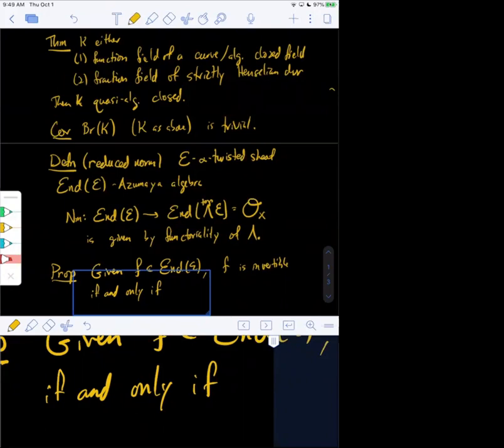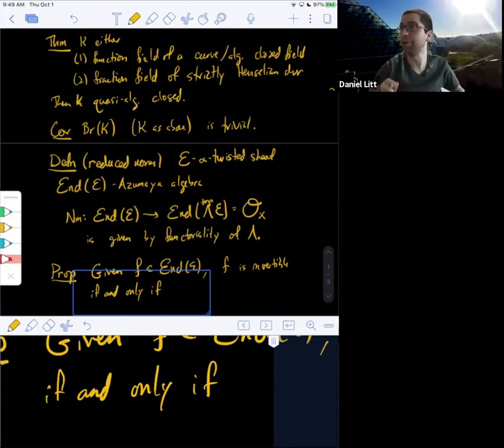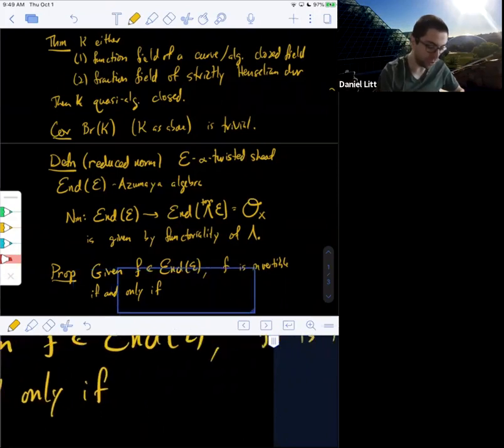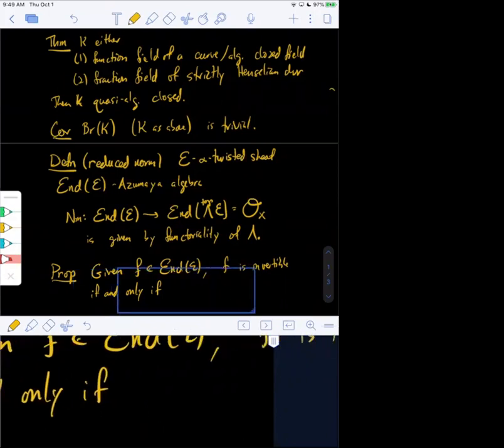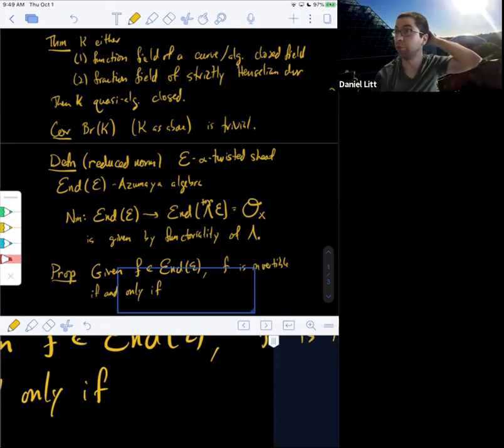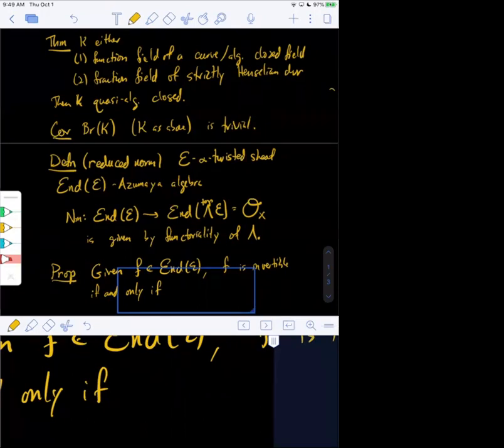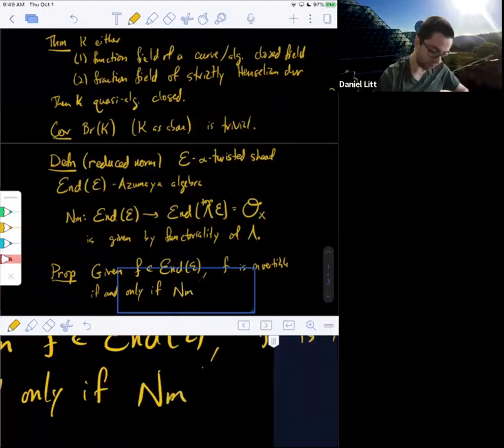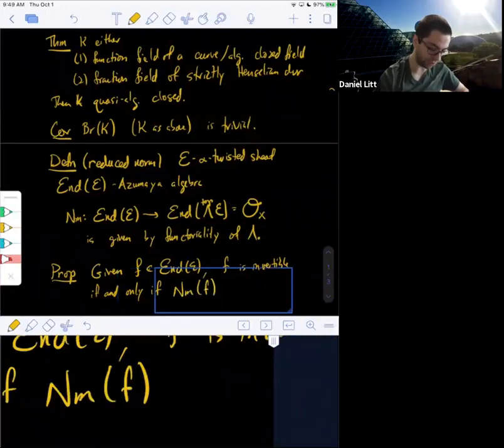Yes, if the image in the determinant bundle is non-zero. It's not just that the determinant is non-zero, so Arvind, what you said is correct over a field. In general, if you're over a ring, a matrix is invertible if its determinant is a unit, right? Yeah, so, sorry. So here, this is if the norm of F is a unit.